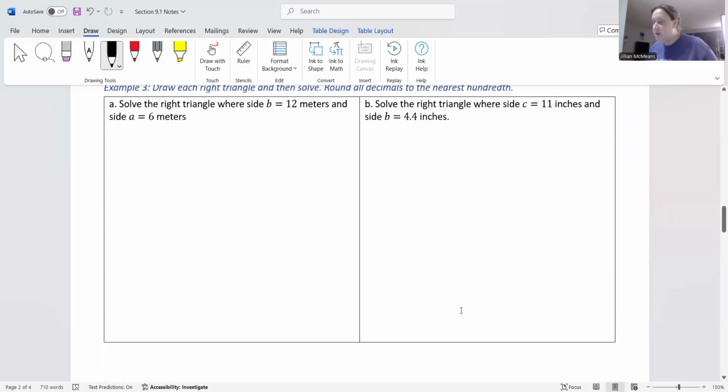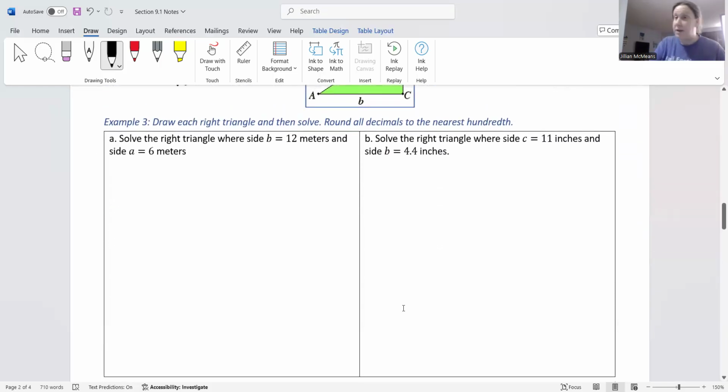So example 3 says draw each right triangle and then solve. Round all decimals to the nearest hundredth, so 2 decimal places. It says solve the right triangle where side B is 12 meters and side A is 6 meters. So we know we have a right triangle. We know this is 90 degrees right here.